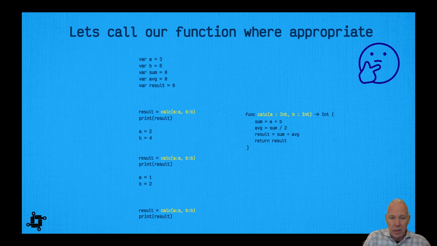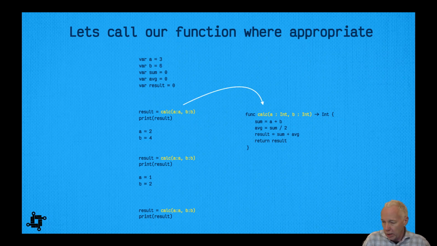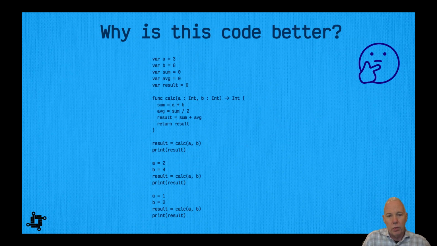What that means is that when we do this calc right here, we're actually calling this function, and the return statement right here is returning back to this variable, and that's how that function works.